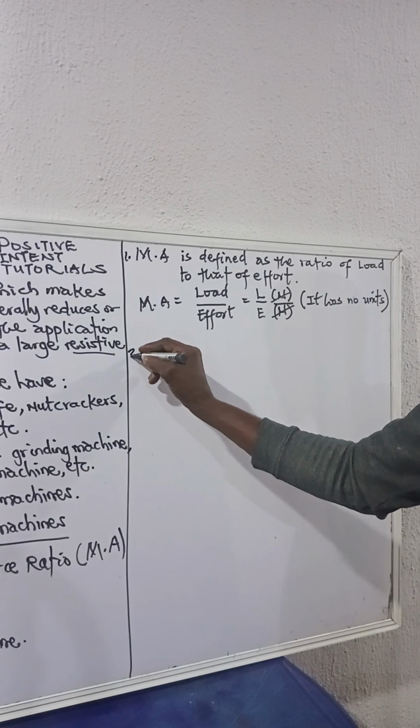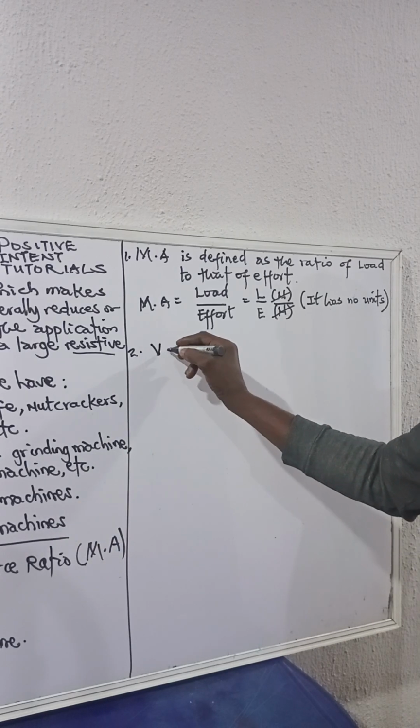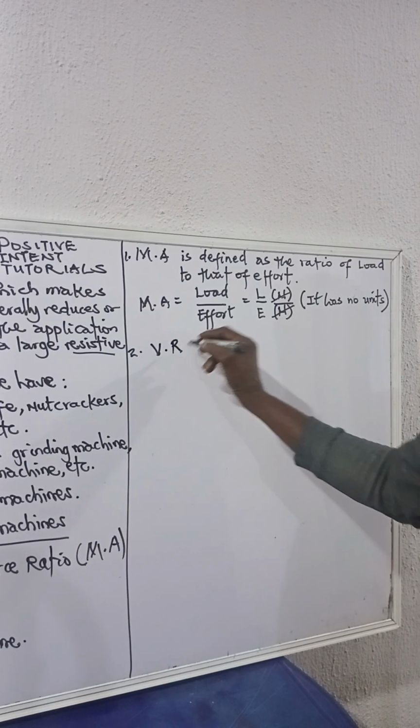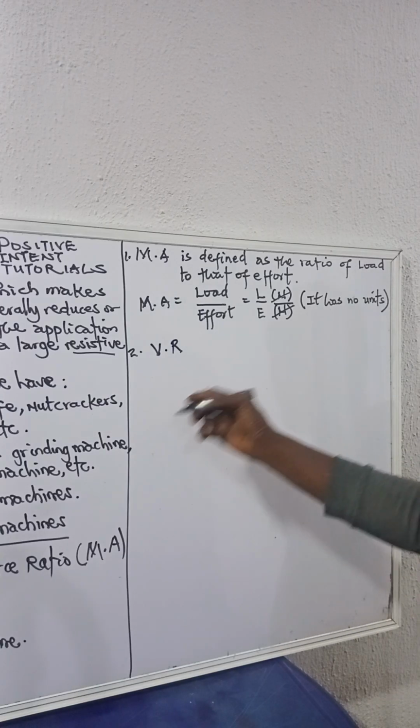So 2, we have velocity ratio. What's the meaning of velocity ratio of a machine?